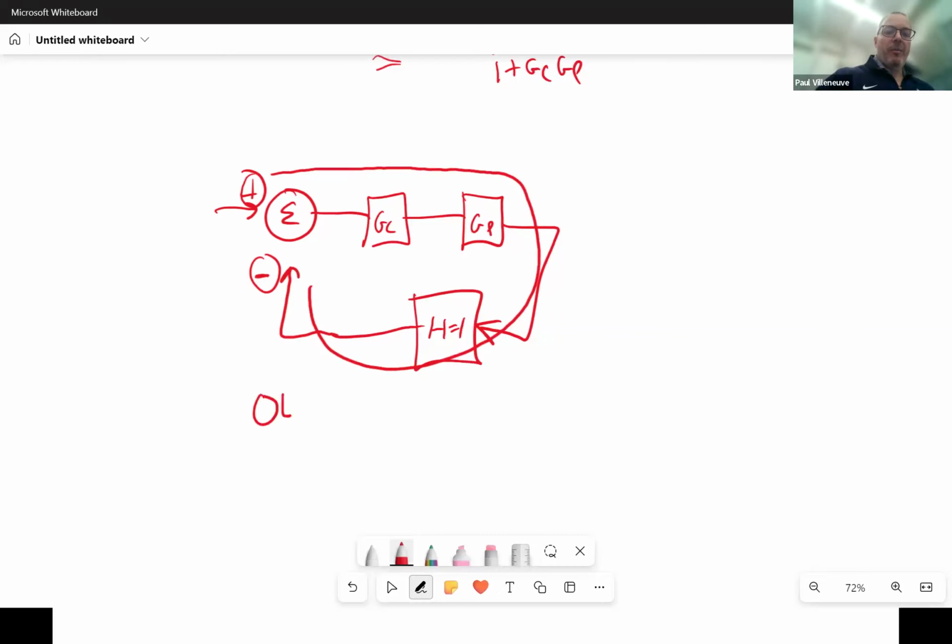So the open loop transfer function is GC, GP times H. It doesn't go back any further, right? It just goes back to that point. So I don't actually do any G over 1 plus GH. It's literally just, I'm treating it almost like it's a feed forward path. So if you wanted to stretch things out and rotate them, you end up with a path as shown in that direction.